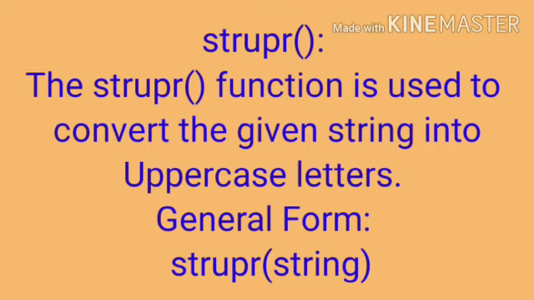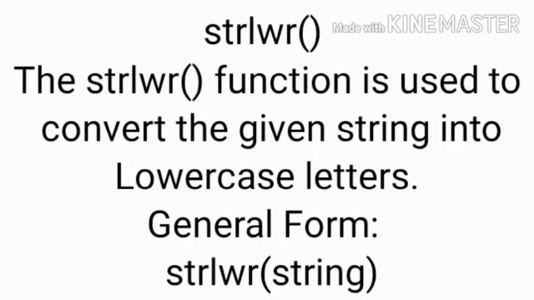For those functions only a character is converted, but in these functions we convert the string. So strupr is used to convert the given string into uppercase, and strlwr is used to convert the given string into lowercase.